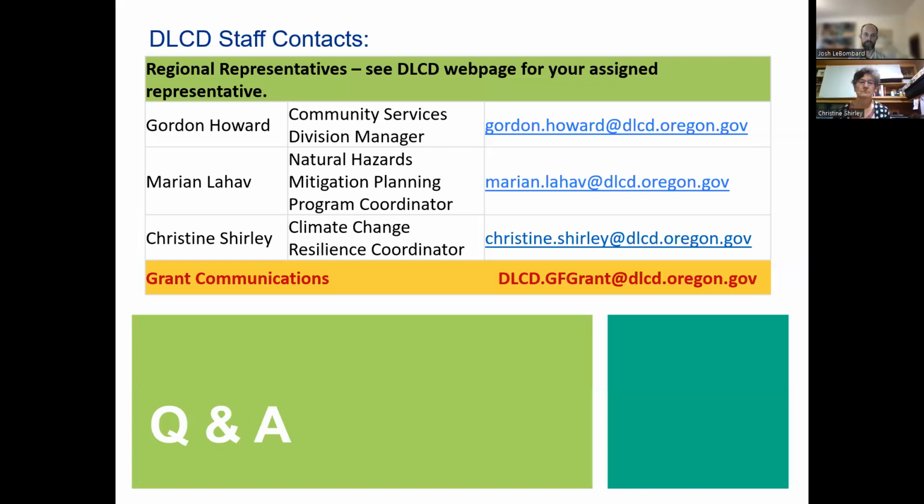Say they ask for $50,000 and we only have $35,000 to provide. Some jurisdictions will say, yes, we'll take whatever we can get because we were going to do this project anyway. Some jurisdictions, though, the difference between 35 and 50, that $15,000, is too much for them to absorb, or they just don't have the capacity, in which case we may need to go and look at cutting a different project.